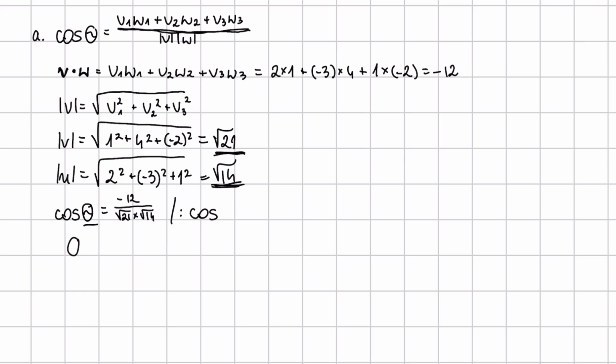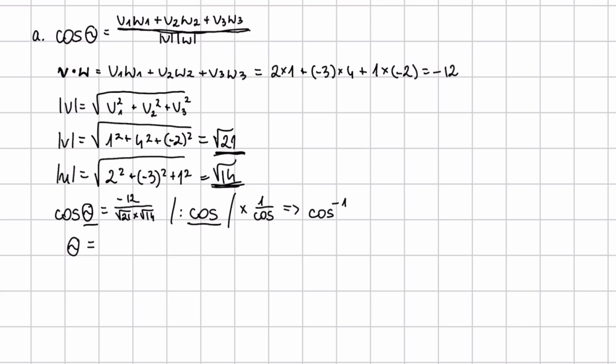So our angle equals, and we remember that we cannot divide by this cosine, so we have to multiply, because this is the same. We have to multiply it by 1 over cosine, and this is the same as cosine to the power of negative 1.